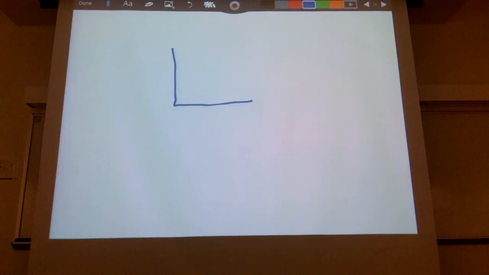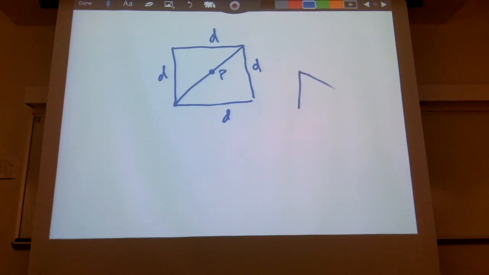So here I'm going to draw a square. I know this is D, D, D, D, and I'm going to draw a bisecting line here. And my point P is right here, halfway through that bisecting line, which means I'm drawing a right triangle. So here's my right triangle. If this side is D, this side is D, how long is this distance here?